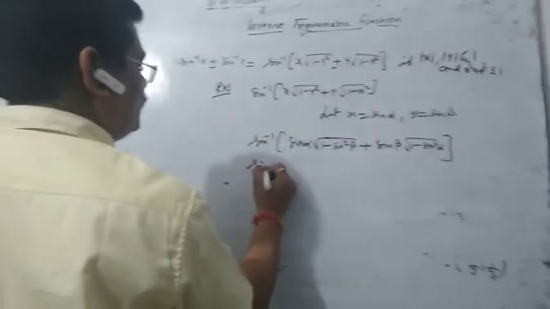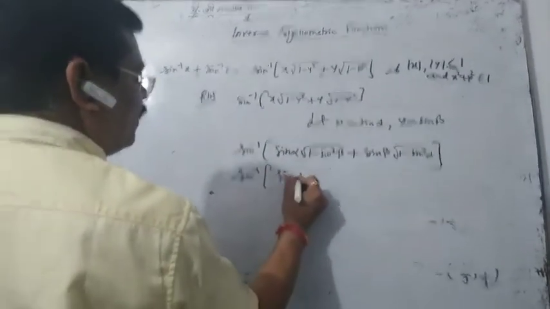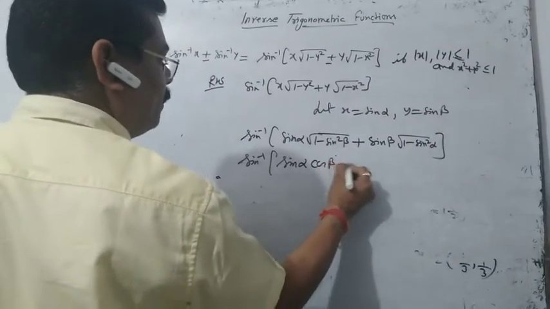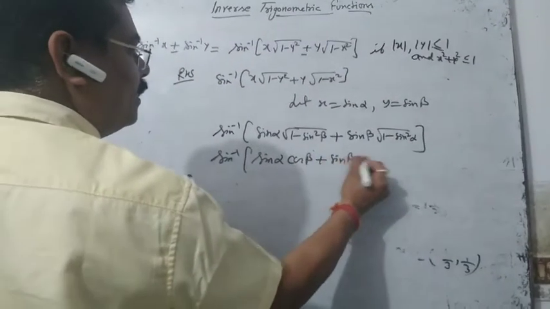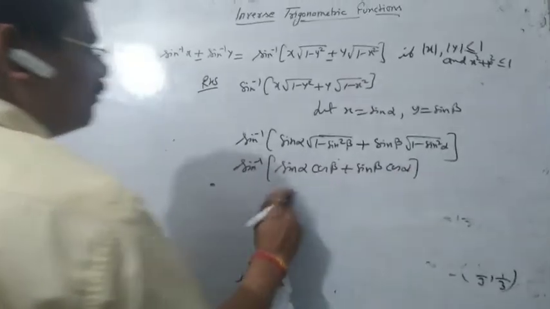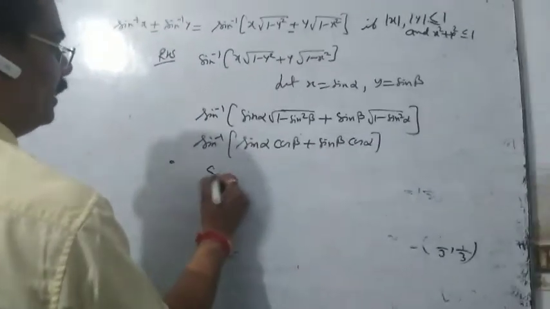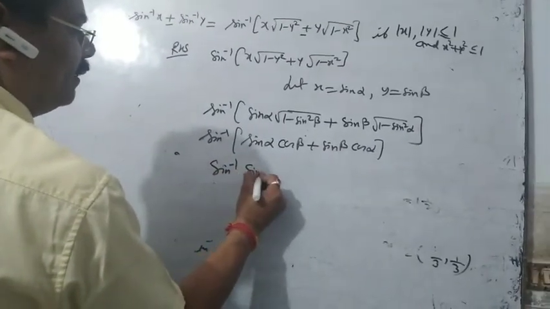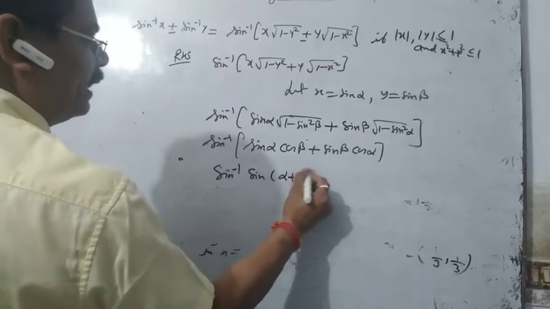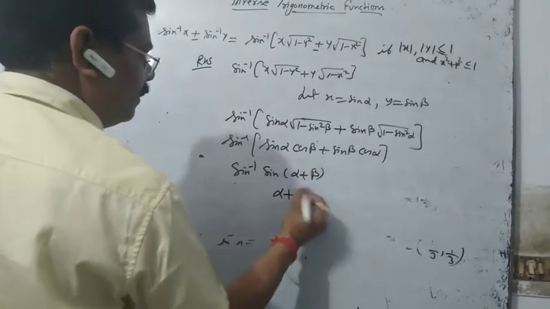Then sine inverse of sine alpha cos beta plus sine beta cos alpha. This is the formula of sine of alpha plus beta. It means sine inverse sine of alpha plus beta, which means alpha plus beta.